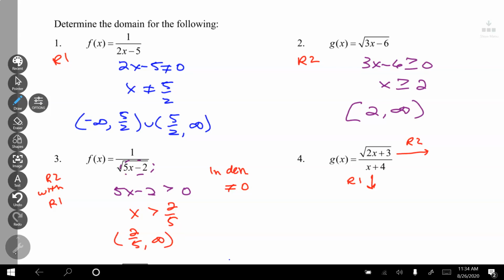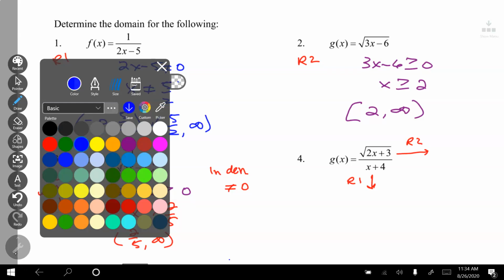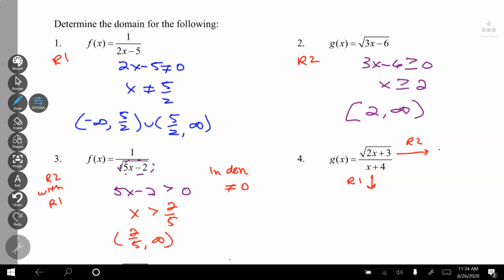Now this one's going to have a couple parts to it. Rule number 2 is going to be 2x plus 3 is greater than or equal to 0. X is greater than or equal to negative 3 over 2. So right now, my domain is negative 3 over 2 to infinity. But rule number 1 says x plus 4 cannot equal 0, or x cannot equal negative 4.